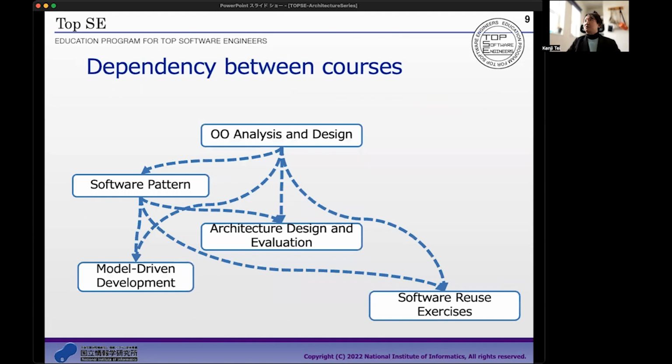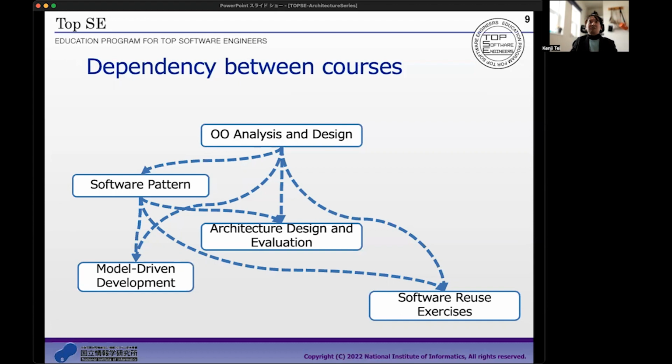So that is all for the object architecture course series. There are a couple of dependencies between courses, but typically the student will take object-oriented analysis and design first because it provides fundamental knowledge for other courses. And if students want to improve their architecture design skills, they are expected to take software patterns and model architecture design and evaluations.